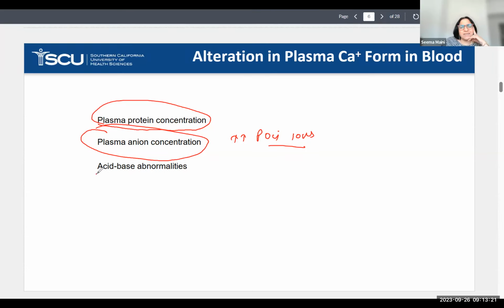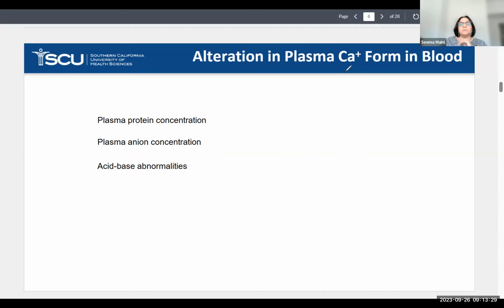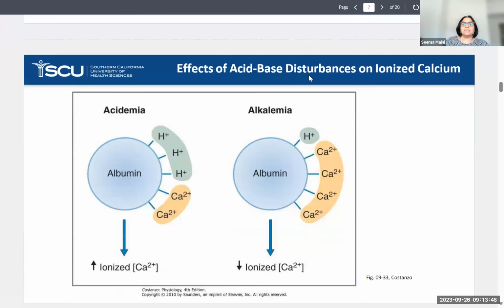How do acid base abnormalities relate with calcium ion concentration? Let us look at the next slide, this will be clear there. So here, this is albumin.